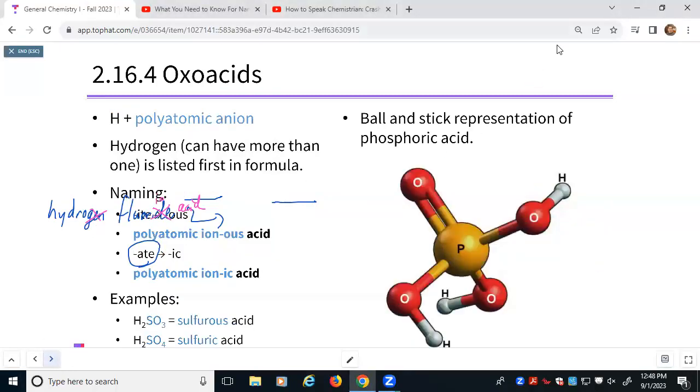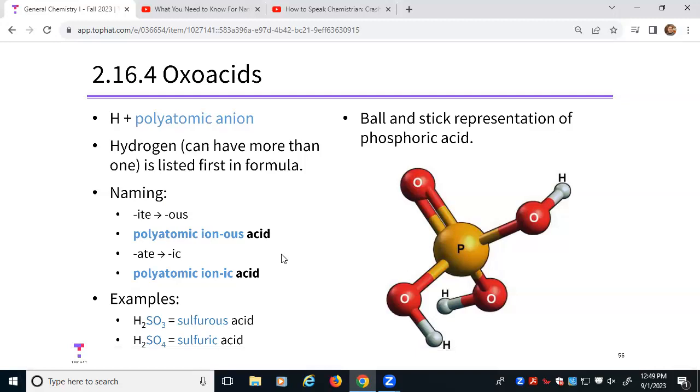The other type of acid is the so-called oxoacid. Oxoacids are so named because they contain oxygen. And their naming system is purely based off of the polyatomic ion that they come from. If that polyatomic ion ends in ite, the ending of that ion gets changed to ous acid.